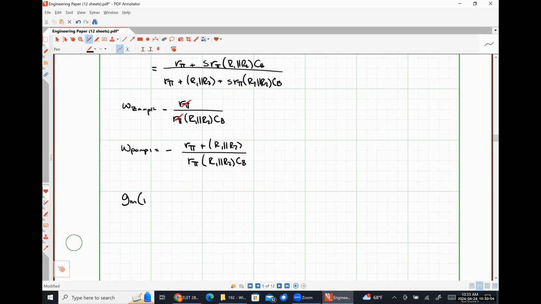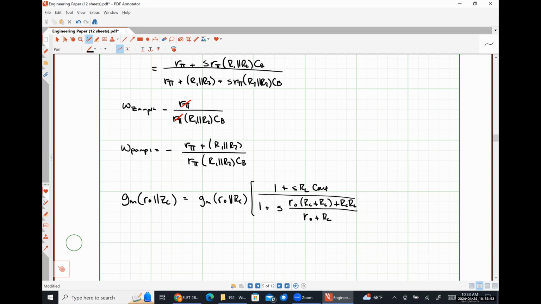So GM R naught in parallel with ZC winds up looking like GM times R naught in parallel with RC times 1 plus S RL C out divided by 1 plus S times R naught RC plus RL plus RC times RL, all divided by R naught plus RC times C out.